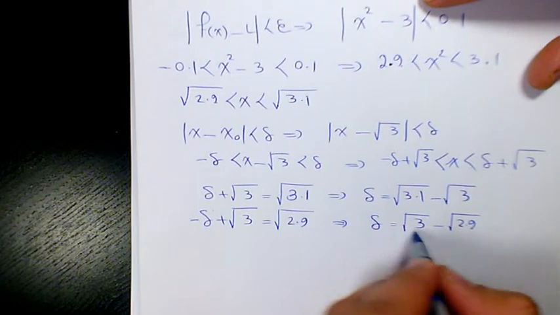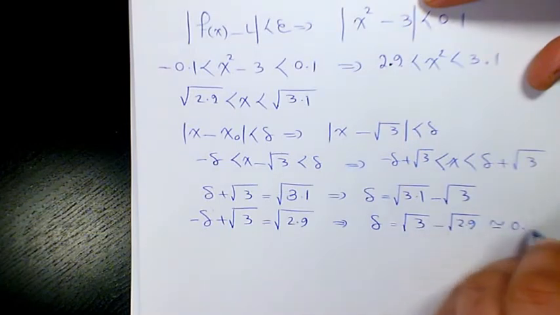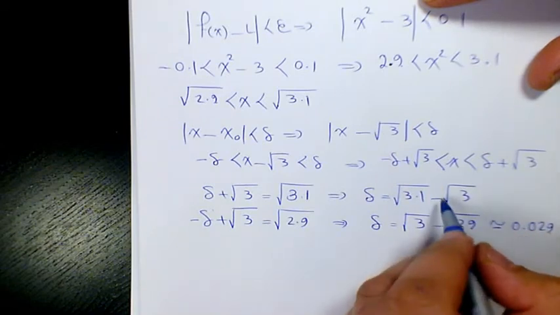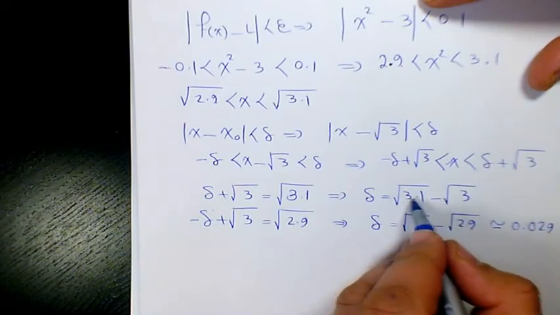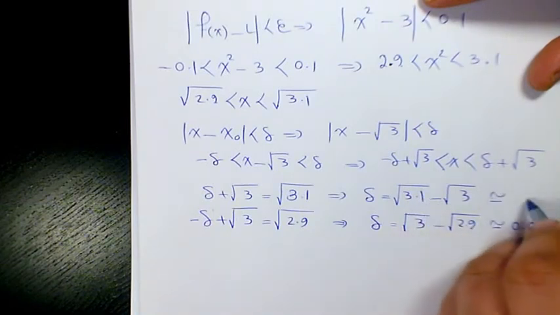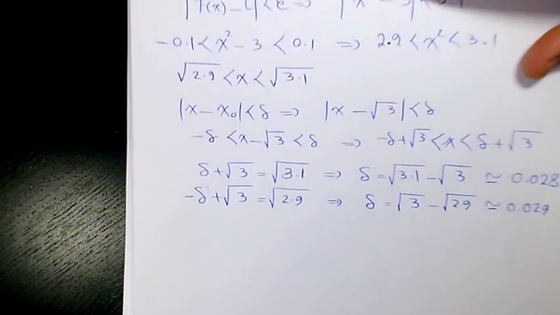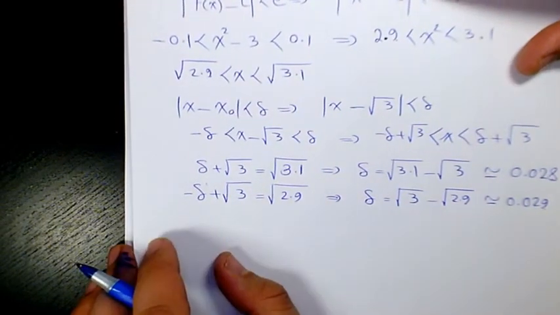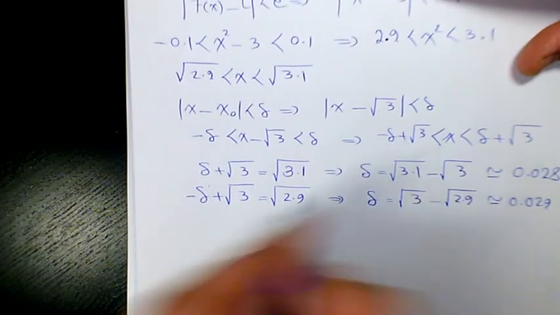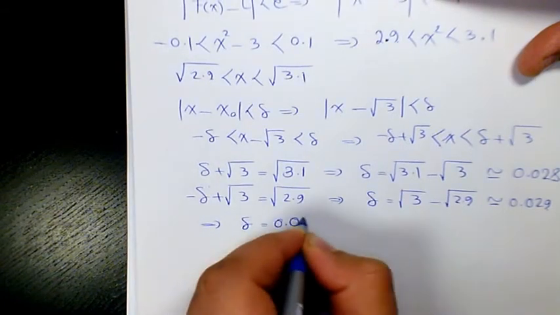So root 3 minus root 2.9 is approximately 0.029, and root 3.1 minus root 3 is approximately 0.028. So this one is smaller, so I'm going to say 0.028.